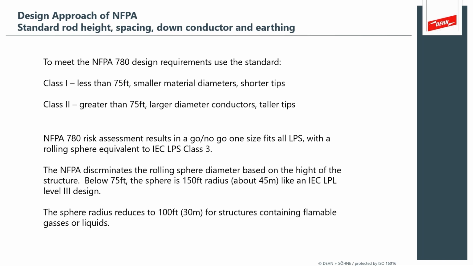And of course, that's a very brief description of it. It's a 111-page standard with a lot of details about how to implement the systems. But the real key is that it does recognize what's considered a 150-foot radius, which is essentially an LPL 3 design.